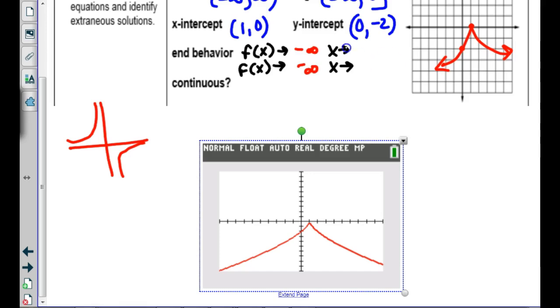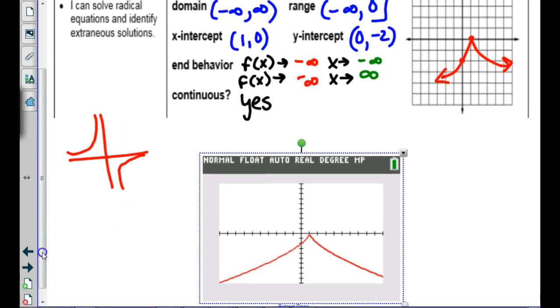And then we can say as we go to the left or the right, whichever one you want to do first. Usually we do left first and then right. Is this continuous? Can you trace this out without lifting your pencil? Yes. Did you get it, Dominic, or do you need me to come look at it? Okay.